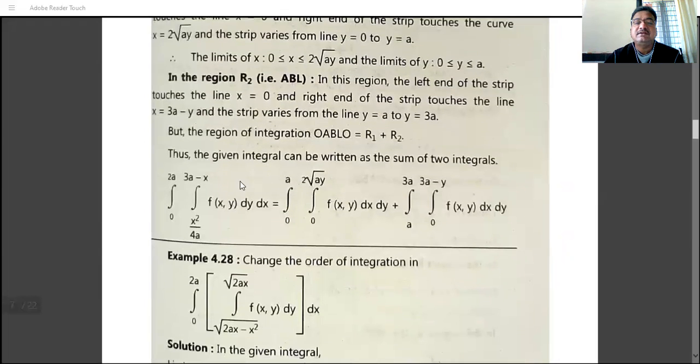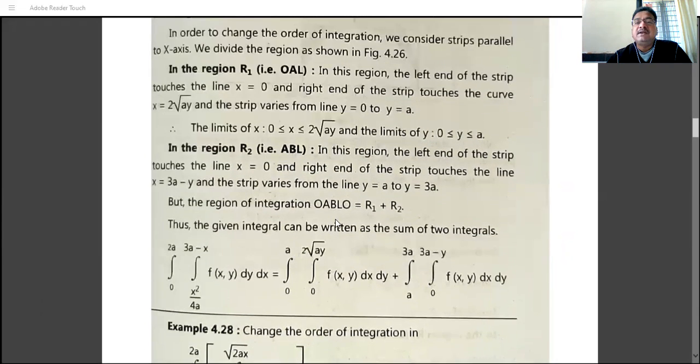Directly we write double integration over R1 and R2, don't write limits, just write f(x,y) dx dy over R1 and f(x,y) dx dy over R2. Okay, and then write this step, that double integration. So first, the limit of x runs from x is equal to, and this is y is equal to, here write x is equal to and y is equal to that. Then we have to find the limits of this.